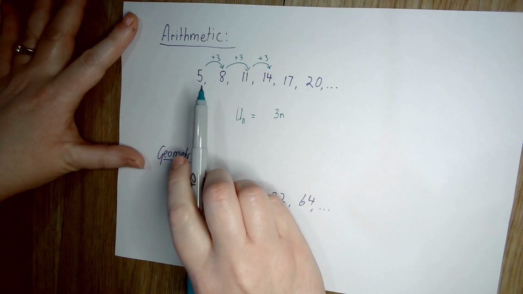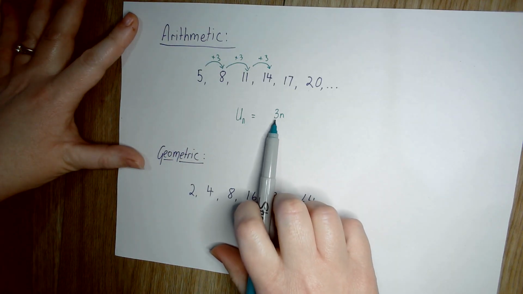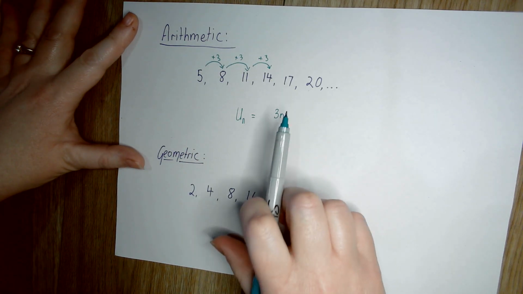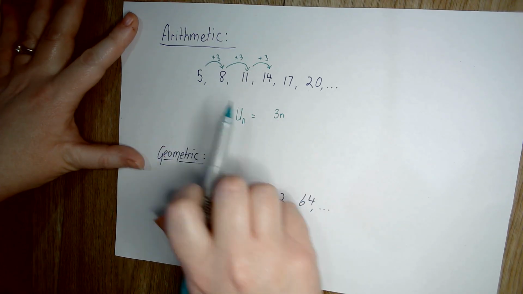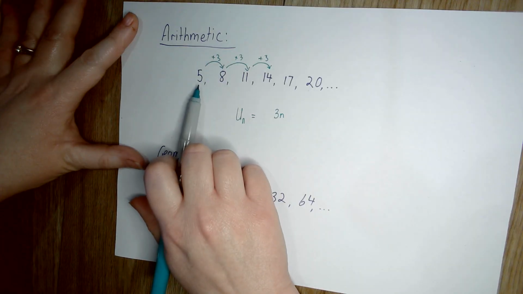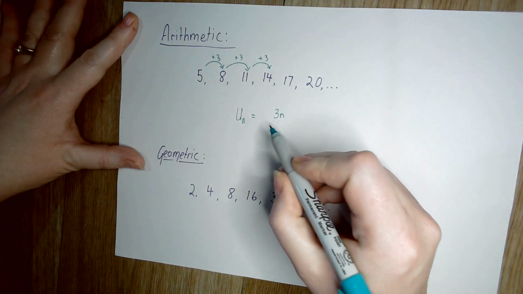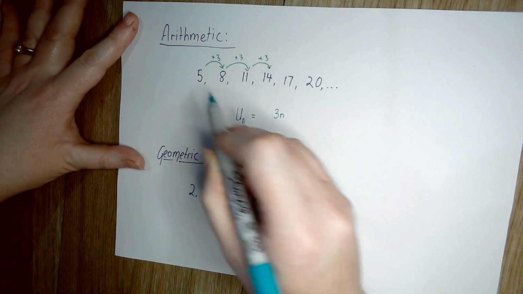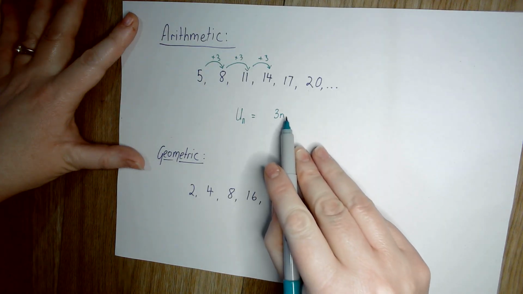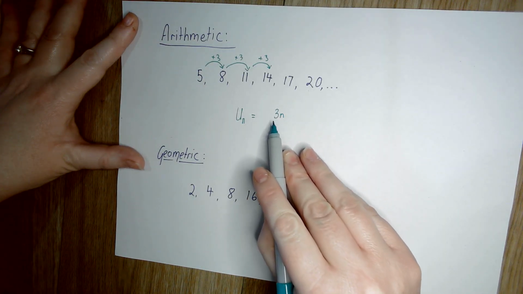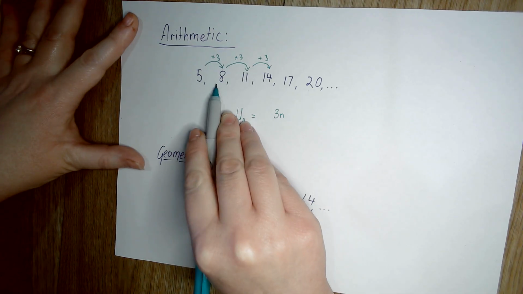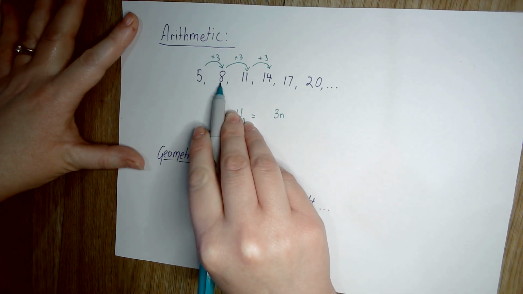But if we just said 3 times n is our solution, and I went, okay, place value 1, 3 times 1 is 3, not 5. So we need to add 2 on to get to 5, and then we need to make sure that would work. For place value 2, does it still work? 3 times 2 is 6, and then we add 2 to get to 8.